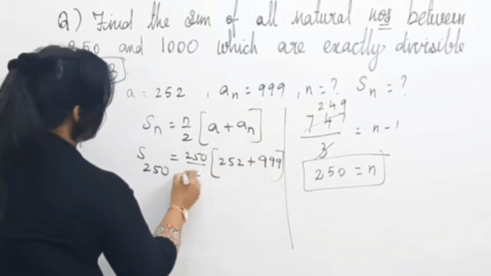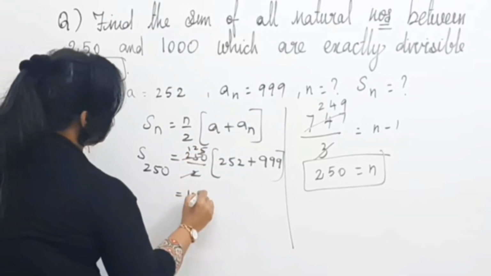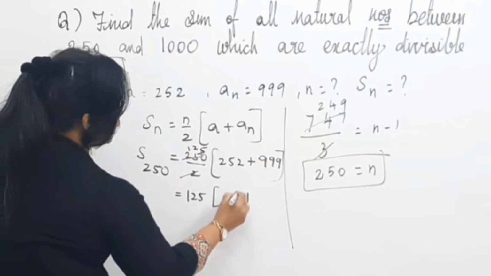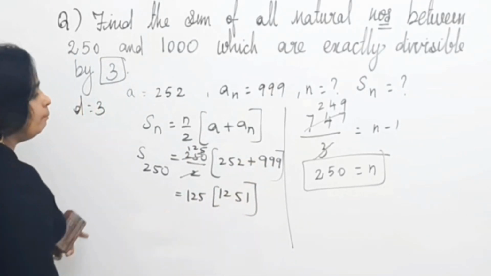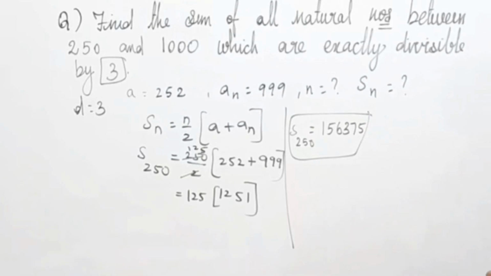So I cancel this to get 125. So 125 into 9 plus 2 is 11, 1, 10, 15, 1, 10, 12. So I get the sum of the numbers between 250 and 1000 which are divisible by 3.